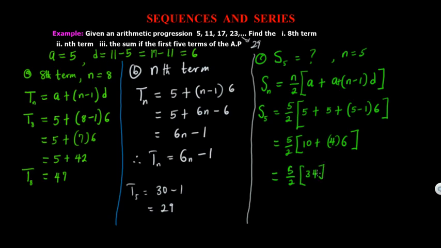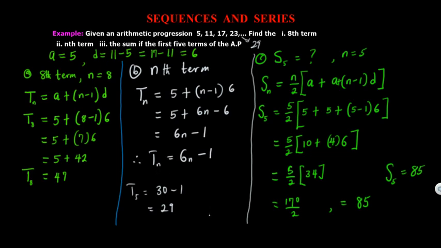So what can we get from here? That can give us 5 multiplied by 34, which is 170, divided by 2. So whatever we get is our answer, which is 85. So the sum of the first 5 terms here is equal to 85. And we have successfully solved a problem involving AP.